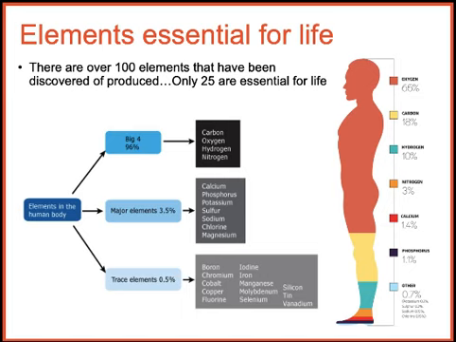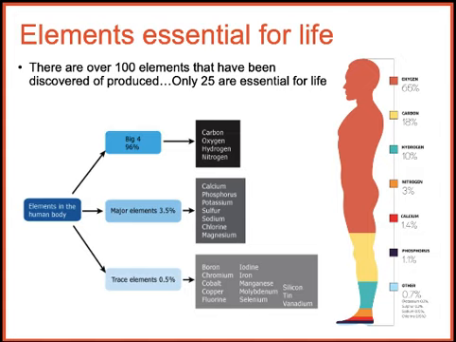Actually, only 25 elements are essential for life. Carbon, hydrogen, nitrogen, and oxygen account for 96% of this. They call them the big four here in the little table. That's just 4 elements, so these must be important.